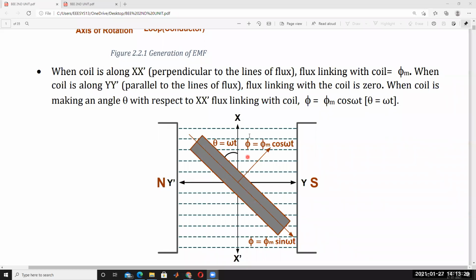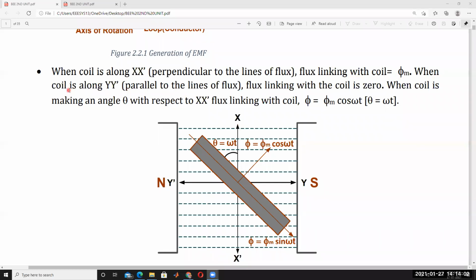If the conductor is placed perpendicularly, exactly at X dash, then the maximum flux cuts the conductor.